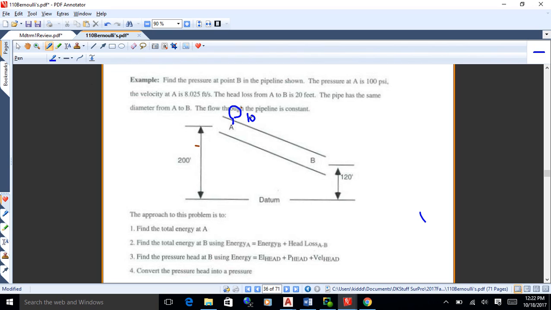We've got 100 psi here, and we want to know the pressure at B. We also know what the head losses are, which are the energy losses. When that water flows through the pipe, some of the energy is going to get burned up from friction. So there's 20 feet of head loss going from A to B. The water is flowing from A to B, like that.